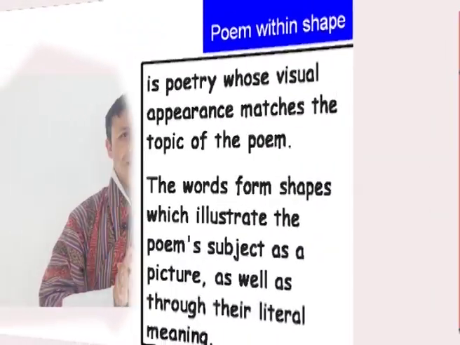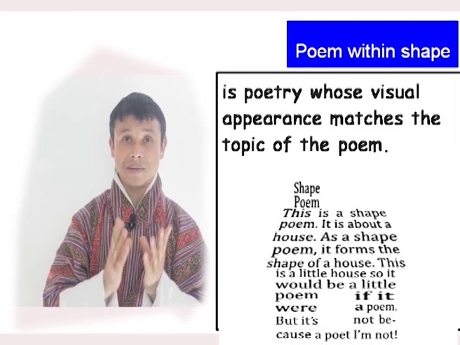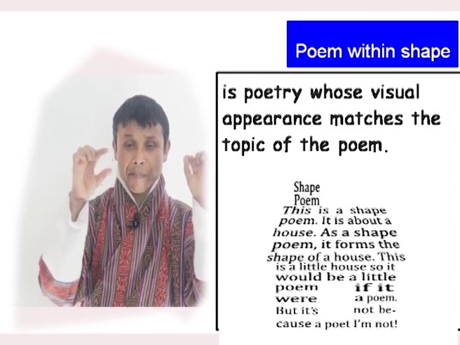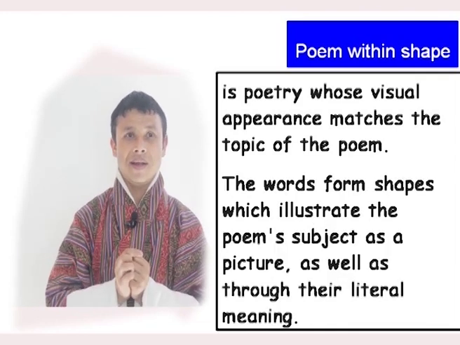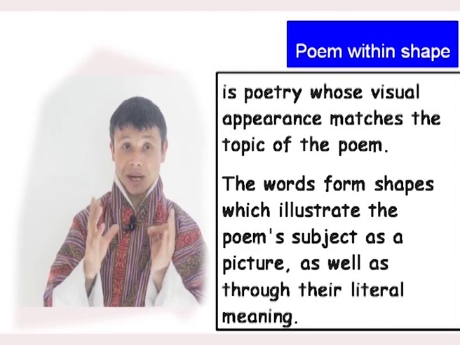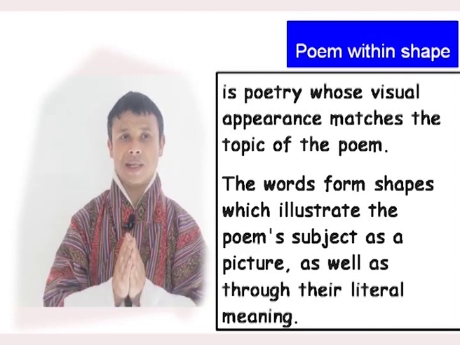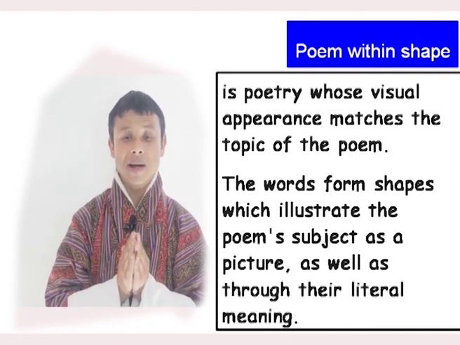Now let us look at poem within shape. It is poetry whose visual appearance matches the topic of the poem. The words form shapes which illustrate the poem's subject as a picture as well as through their literal meaning.